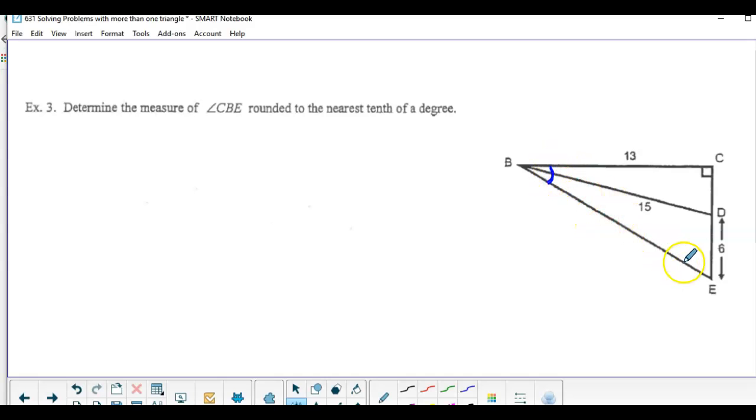If we were to know 2 sides of this big triangle, then we could find it. So we know this side, but we don't know this entire side here, CE. So what about if we could find this? I'll call it X. Actually, I'm going to call it CD, just to keep it using those letters.